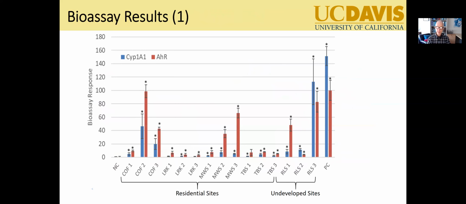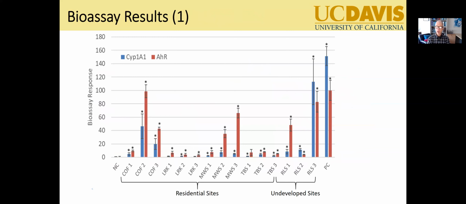So I'm going to go through 3 slides summarizing the 6 different bioassays. We have 3 macrophage bioassays and 3 CALUX style bioassays. And each of these 3 slides is configured the same way. The 12 residential sites are shown there. You'll see that there's these 4 neighborhoods: Cough, Lark, MWS, and TBS.